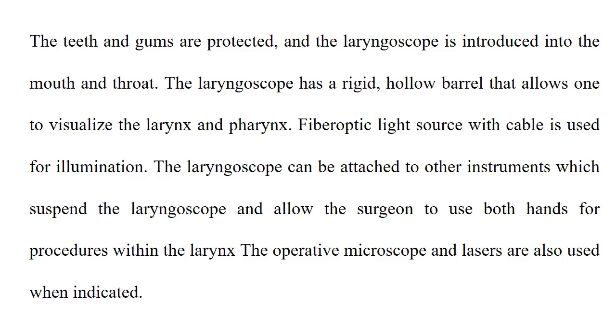The laryngoscope can be attached to other instruments. This is the direct laryngoscope. It is attached to other instruments which suspend it and allow the surgeon to use both hands by making it self-retaining. I'll show you in the next picture. The operative microscope and lasers are also used where and when indicated.